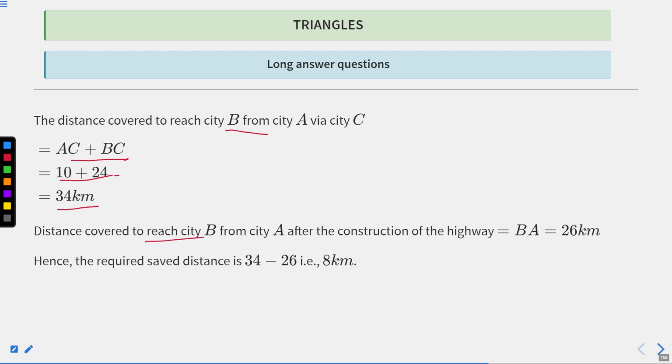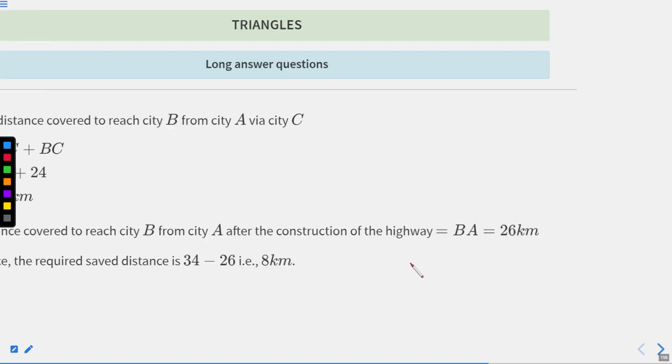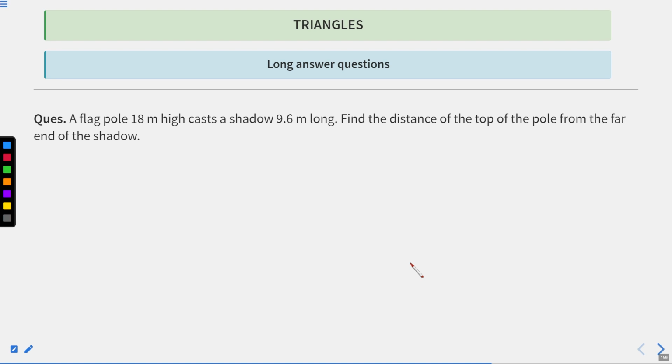And distance covered to reach city B from city A after the construction of the highway is equal to BA, that is equal to 26 kilometer. Okay, so hence the required saved distance is 34 minus 26 kilometer, that is equal to 8 kilometer. Okay, so now let us move to next question.